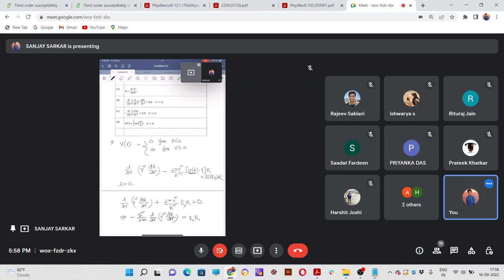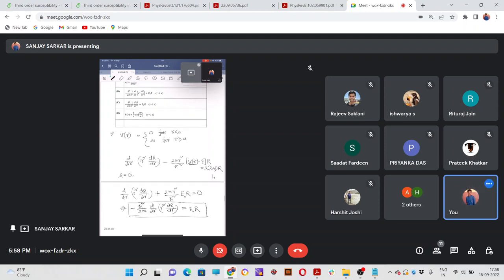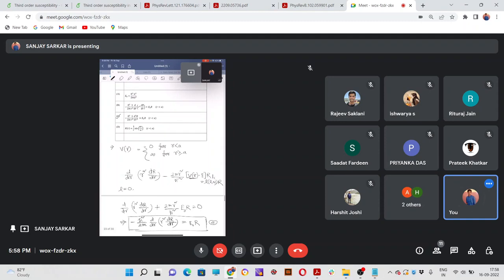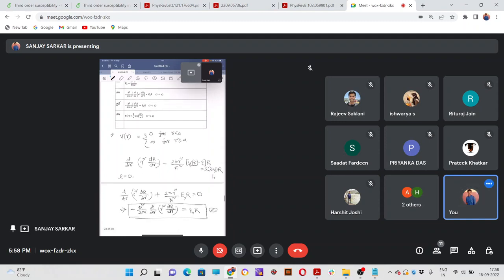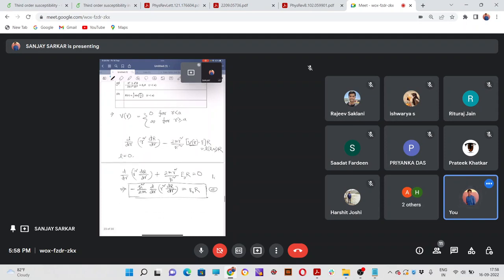This kind of equation for the radial function is similar to option C. Since it is a multiple choice question, there can be more than one correct answer, and we need to check each option.